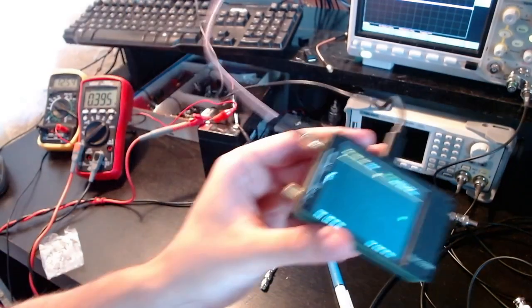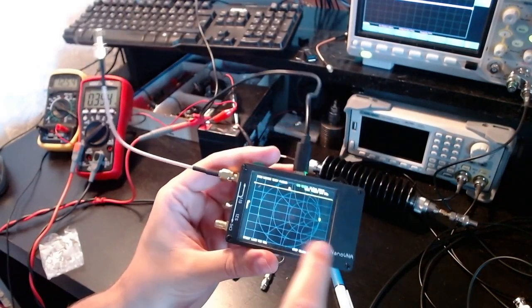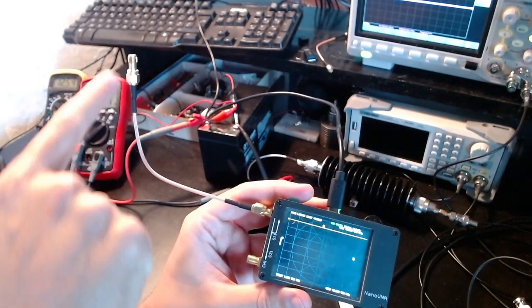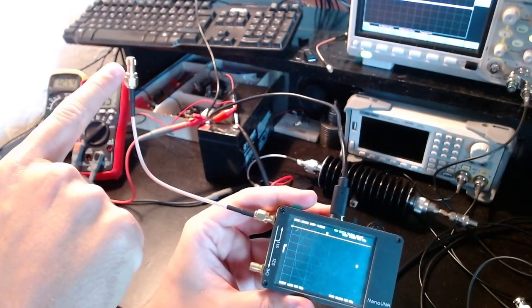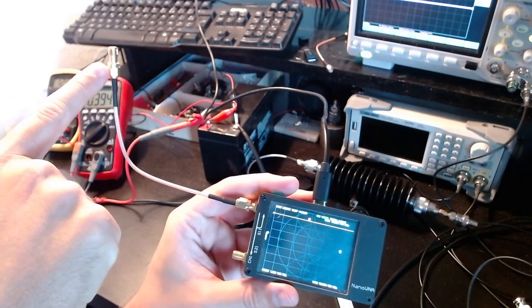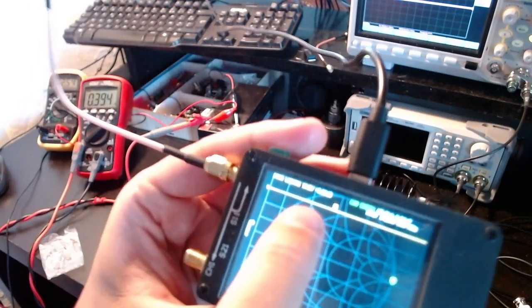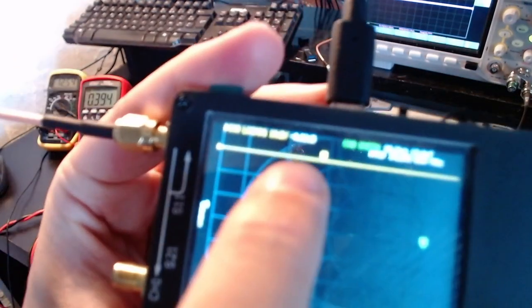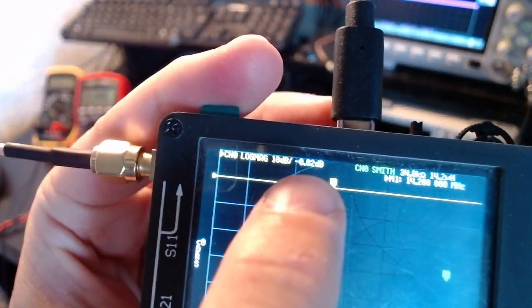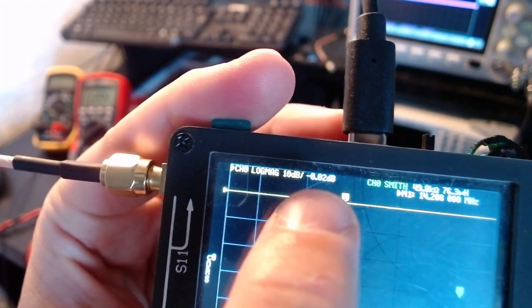At the moment we are looking at what happens when there is nothing at the output of the Nano VNA, so R here is infinity, and indeed the return loss written there is 0 dB.